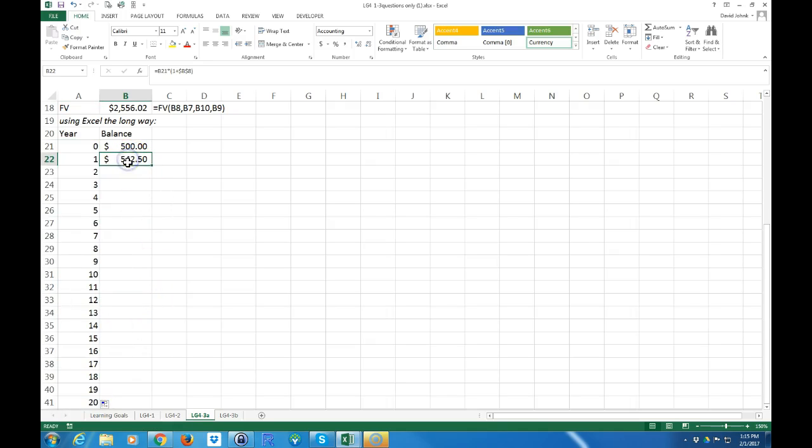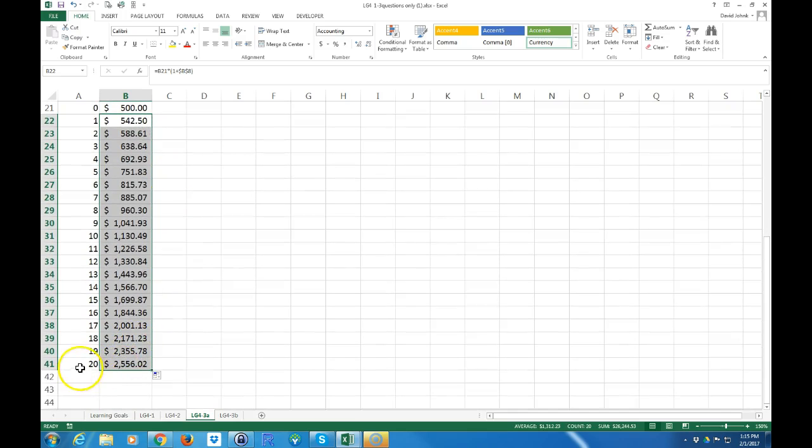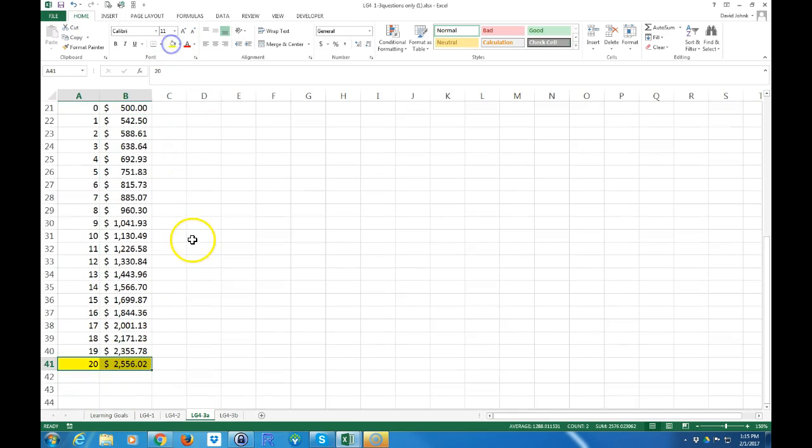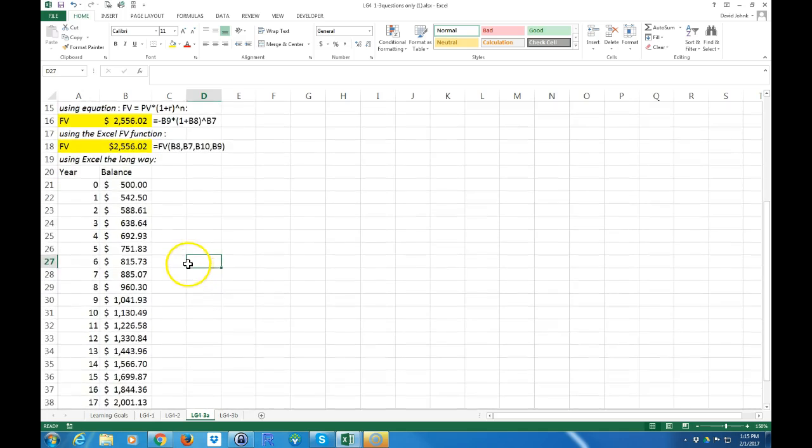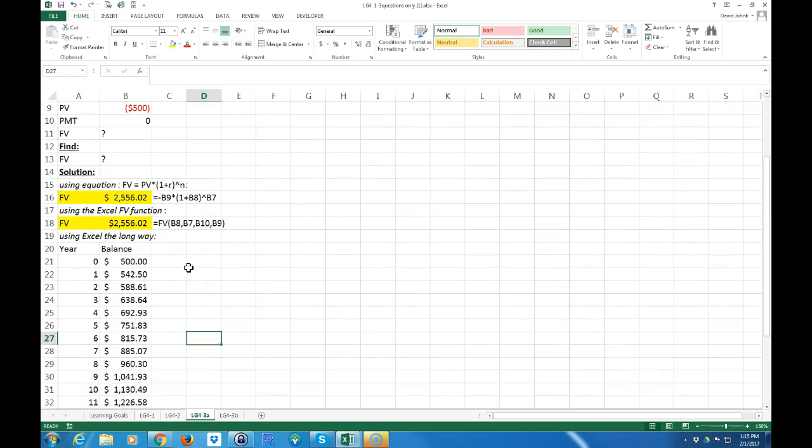Then I can double click, and it's going to copy that formula all the way down. And on the 20th year, there's my answer. And that's the same thing as that and that, right? So I have the same answer in all three. So that's a long way to do it. Let me put the equals.